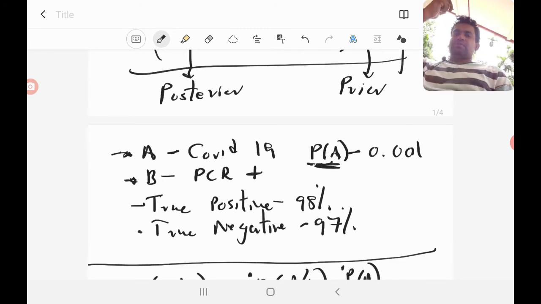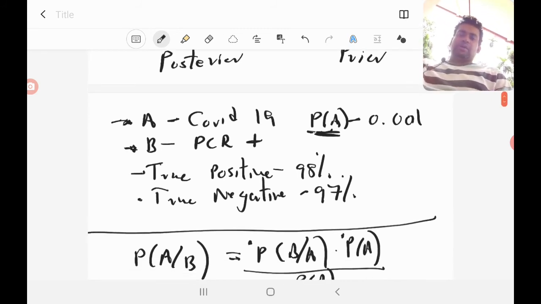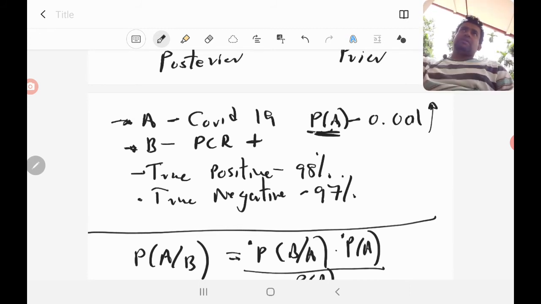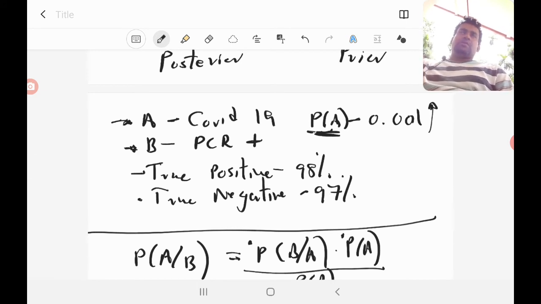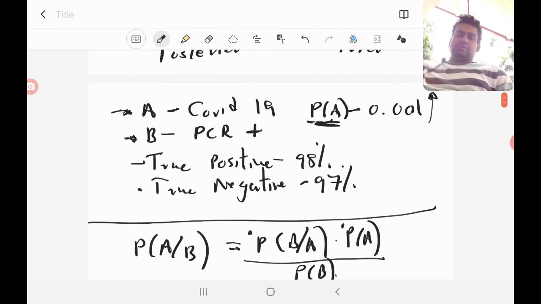So the solution for this would be to increase the prior, increase the value of the prior. There may be different ways to do this. You could do the test only for those who already have symptoms, or who have been in contact with someone who has symptoms and maybe tested positive, so you're quite sure that the source is someone who is positive with COVID.